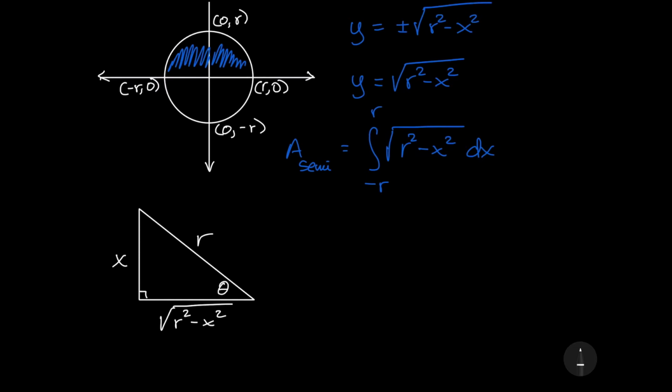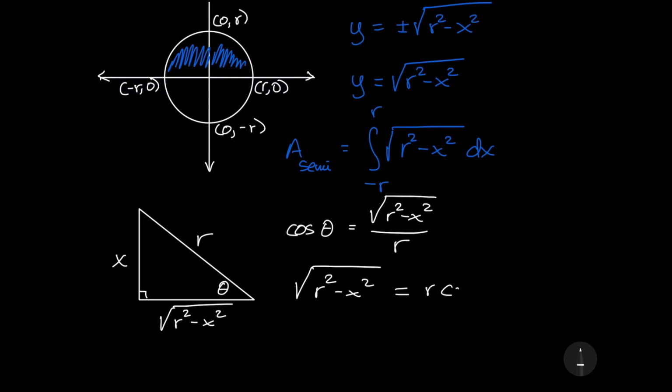So now, let's say if I took cosine of theta. Cosine of theta is adjacent over hypotenuse, which is the square root of r squared minus x squared all over r. So if I solve for the square root of r squared minus x squared, it is equal to r cosine of theta.